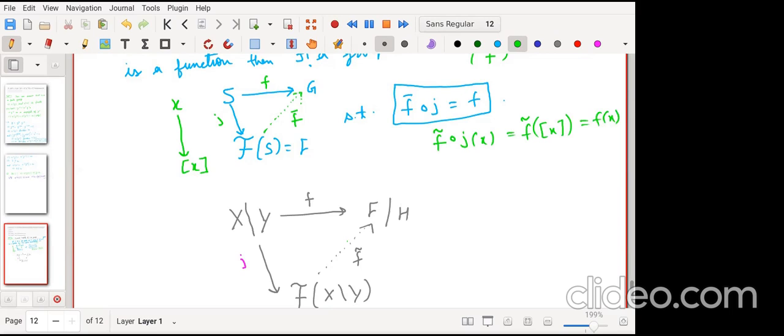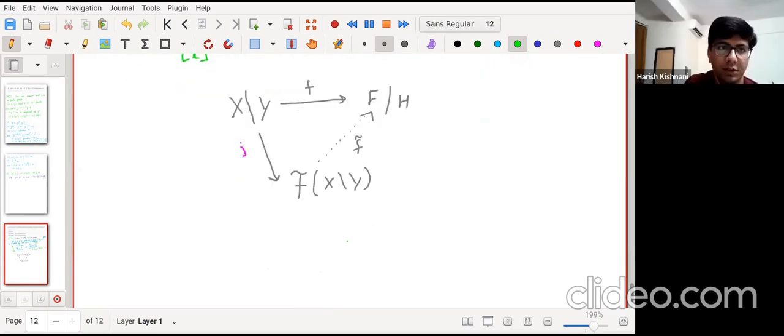So I use the same color here. So it's f delta.